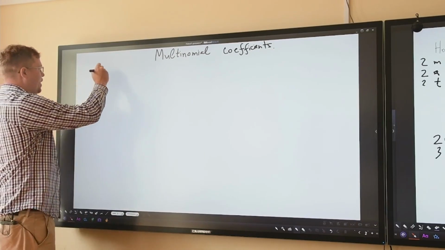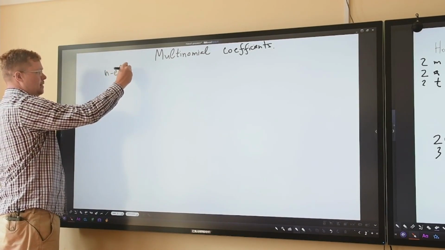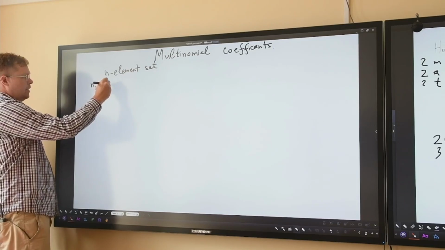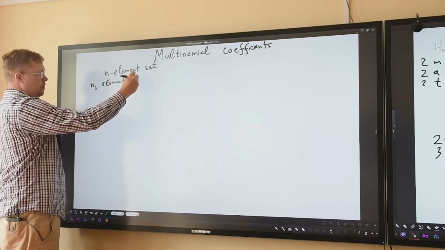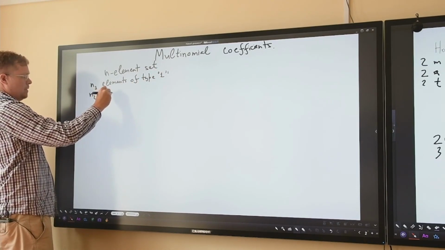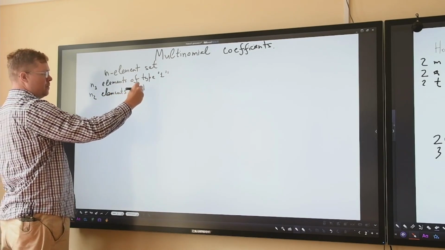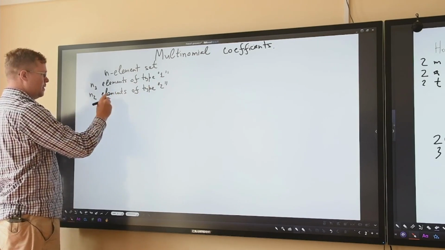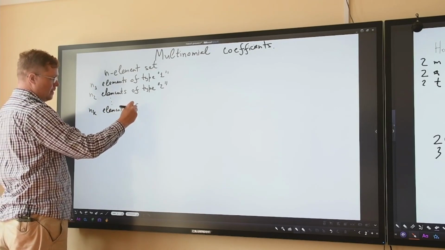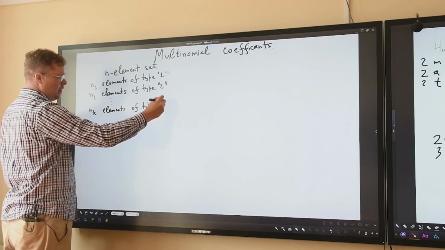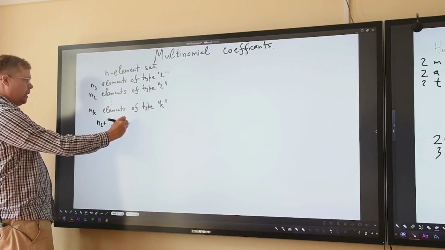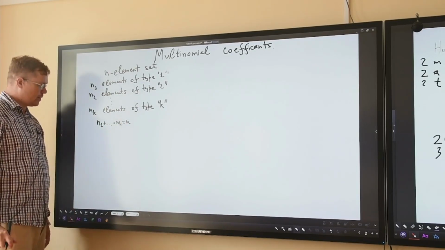So, if I have an n-element set, and I want to choose n1 elements of type 1 and n2 elements of type 2 and so on, nk elements of type k, such that I count all the elements, so the sum n1 plus n2 plus etc. plus nk is equal to n.